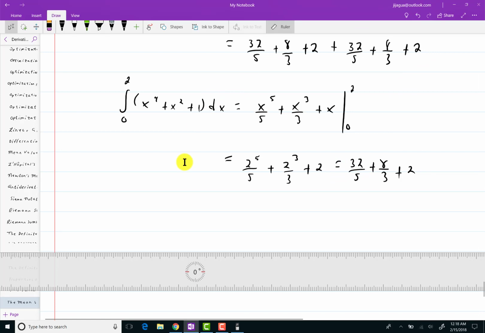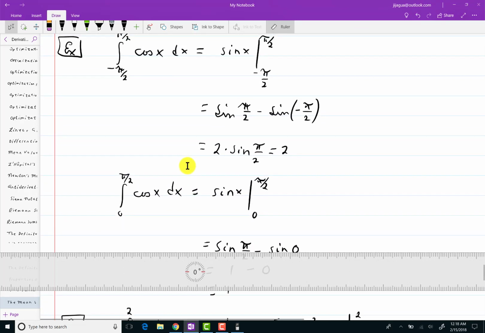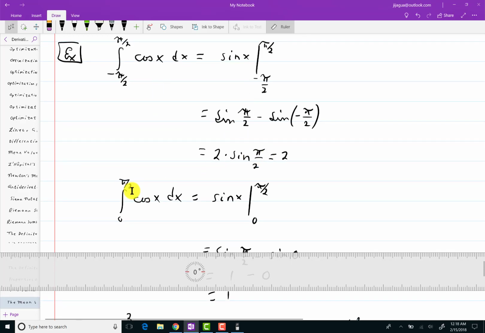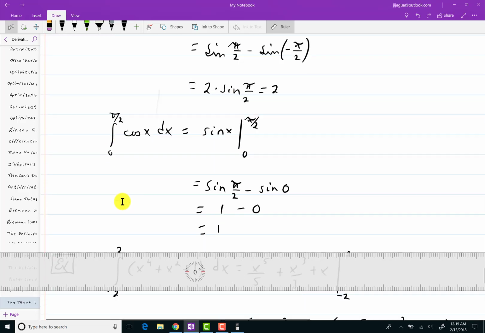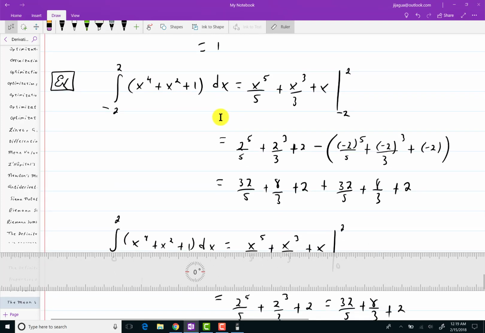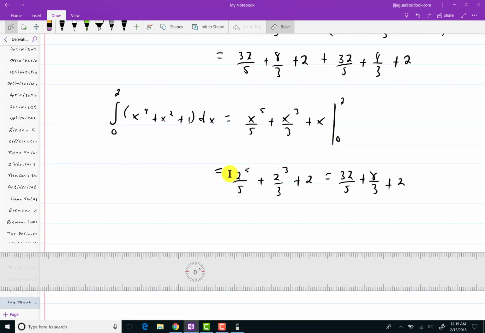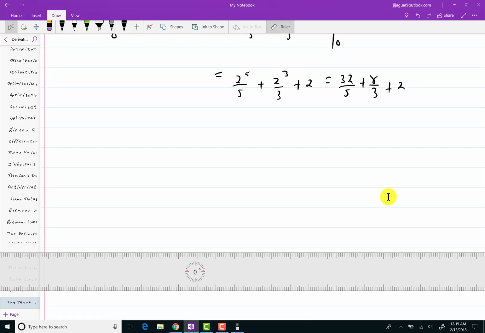In both of these examples, you could see that the value of the original integral is twice that of the second one, the one that only starts at 0, 2 to 1. Over here, when I do the original from negative 2 to 2, I get this number, whatever it is, times 2. And over here, I get that number, whatever it is, times 1. So this really shouldn't surprise you.